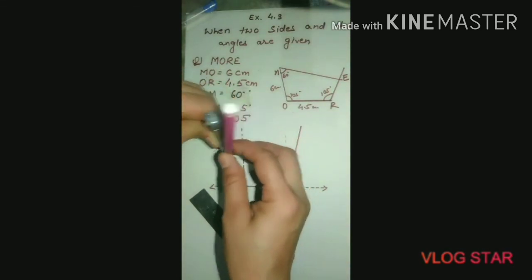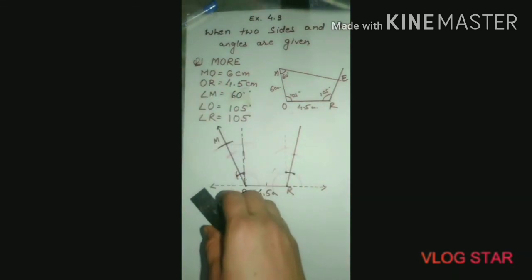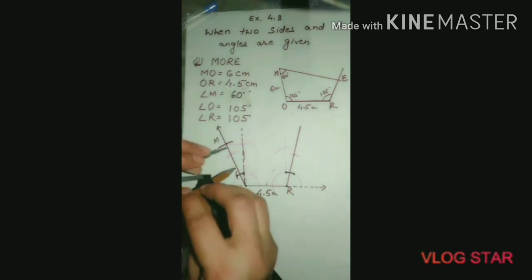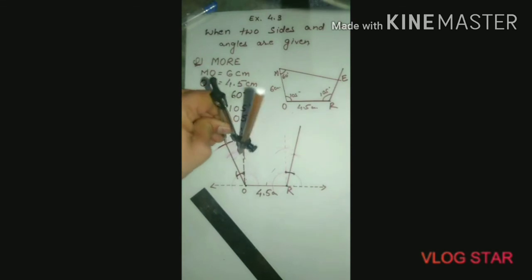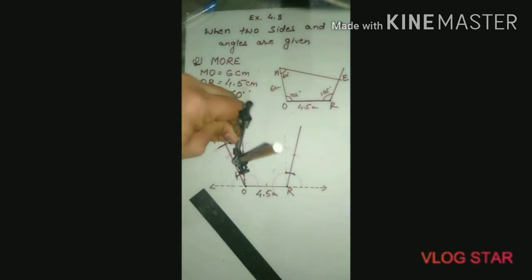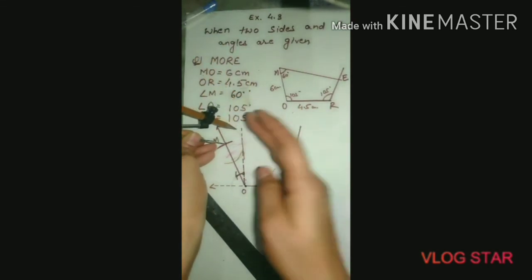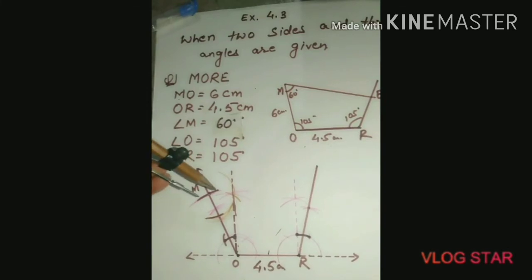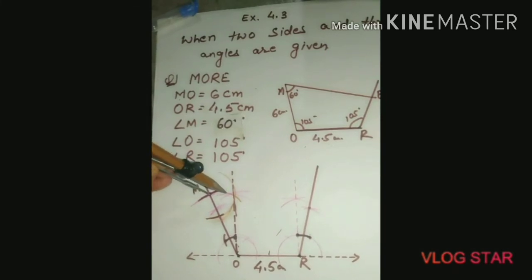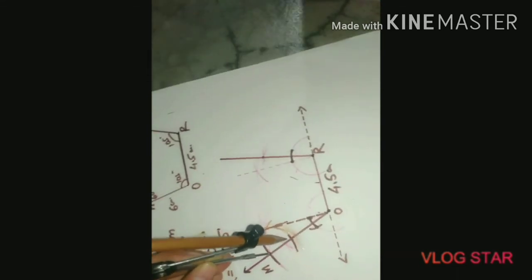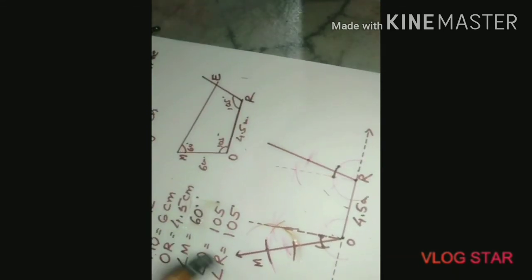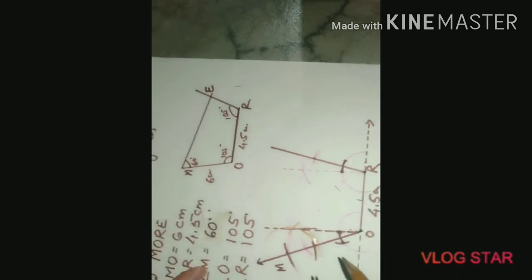So at point M you have to construct a 60 degree angle. Draw the semicircular arc. For this you can just use a different color so that you may not get confused. You can just turn your page like this, so that this line is at the base.